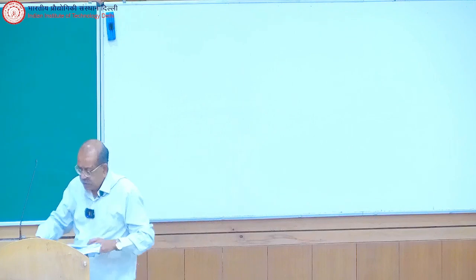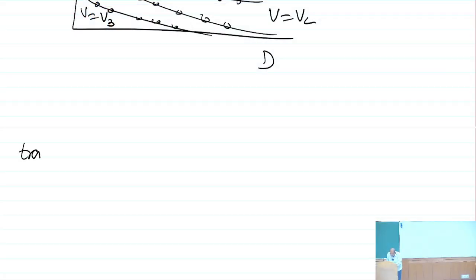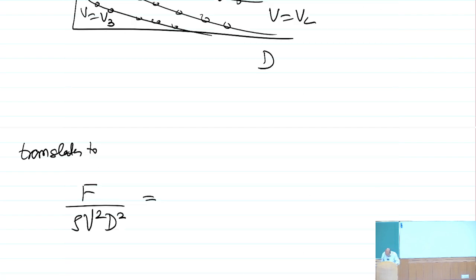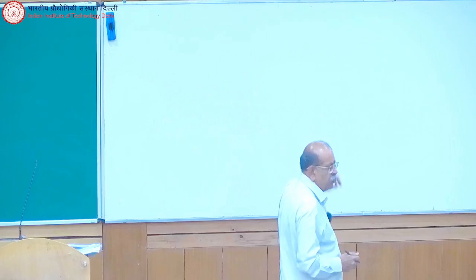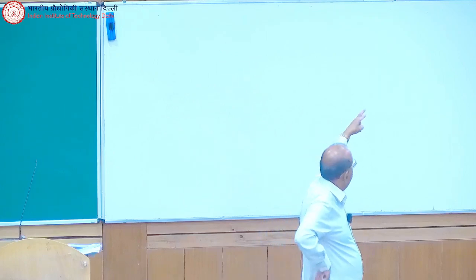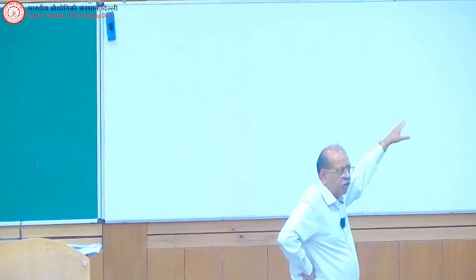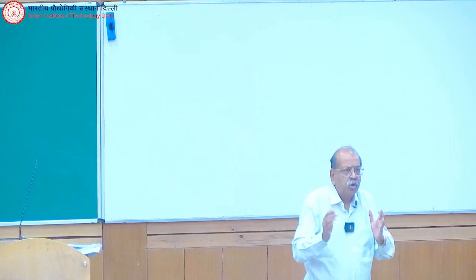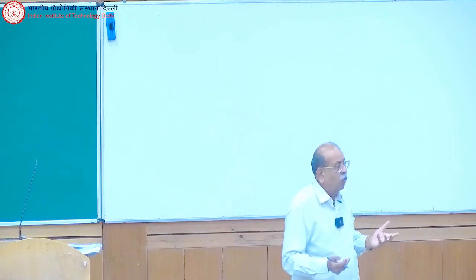Now here, if I tell you that F is a function of rho, V, D, mu can be rewritten in this form, that F divided by rho V squared D squared is just a function of rho V D upon mu. Now what do you have to do?